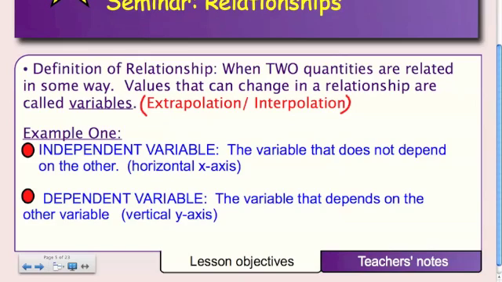I can't talk about you growing taller in one day, but I can track your height over a number of years, and your height is going to depend on time passing. So that relationship would be a linear relationship, where time is the independent variable and the dependent variable would be your height. So for the independent variable, very often, time is a good example.